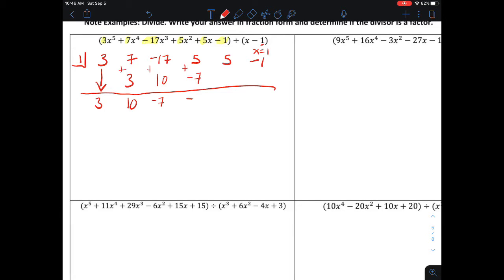I add, that gives me negative 2. Negative 2 times the number in the box gives me negative 2. I add, that gives me 3. 3 times the number in the box gives me 3, and I add, that gives me 2. So 2 is my remainder. What that tells me is x minus 1 was not a factor.